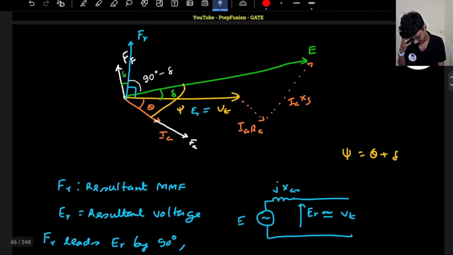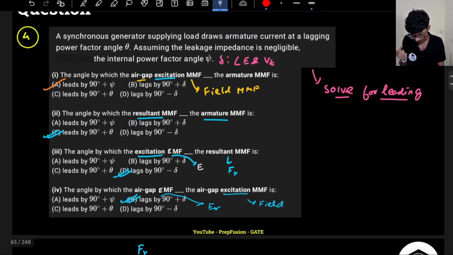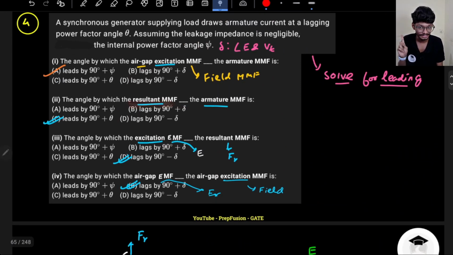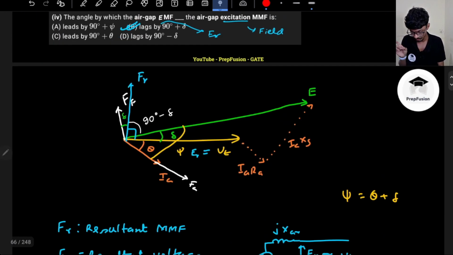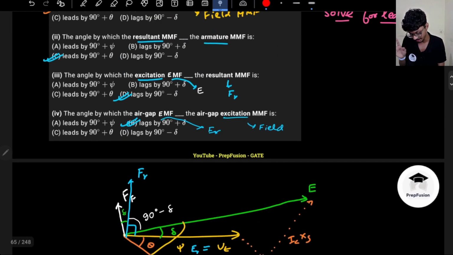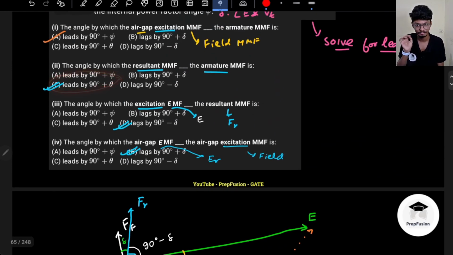Now they are asking for the angle between this resultant MMF and the armature MMF. The resultant MMF is here at 90 degrees and this much is theta, so the angle will be 90 plus theta. Hence the resultant MMF leads by 90 plus theta.